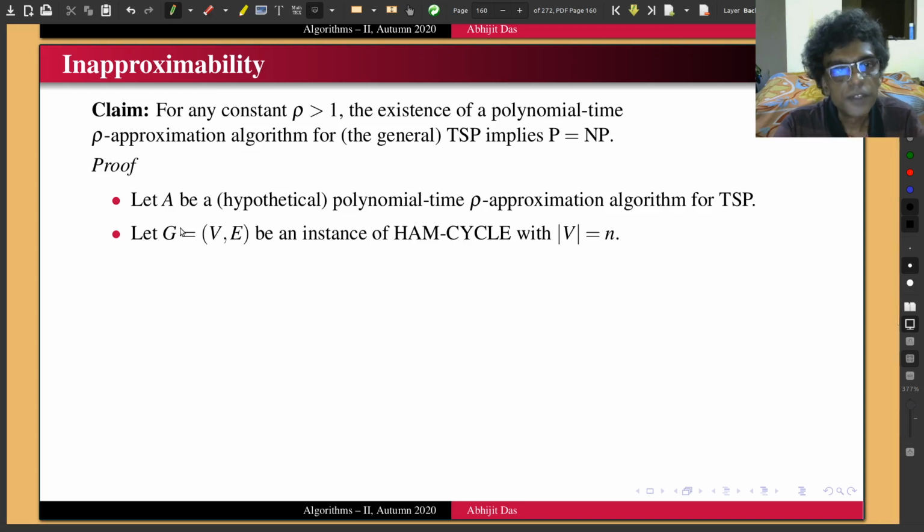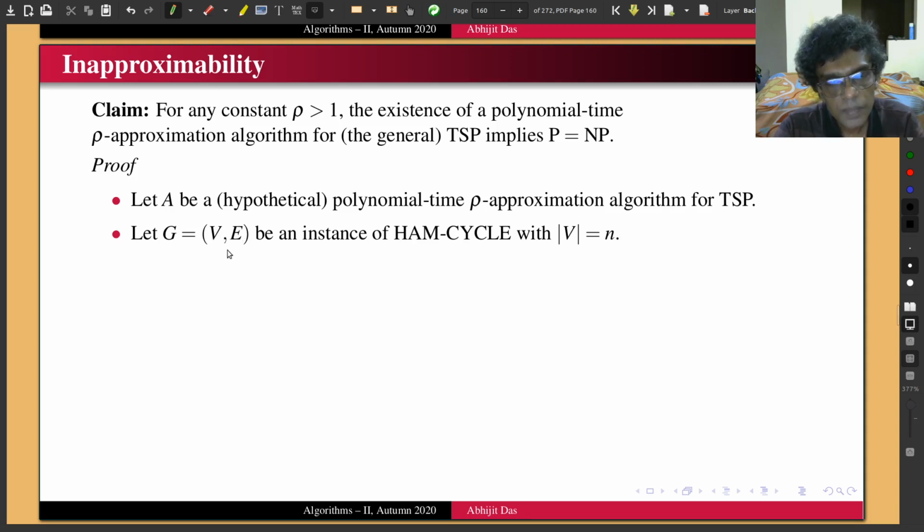Okay, so let G be an instance of Hamiltonian cycle with V, the size of V, equal to N vertices. Now, this is a general graph. This is not a complete graph. Okay. So, E may contain some of the edges. It may also not contain some of the edges.